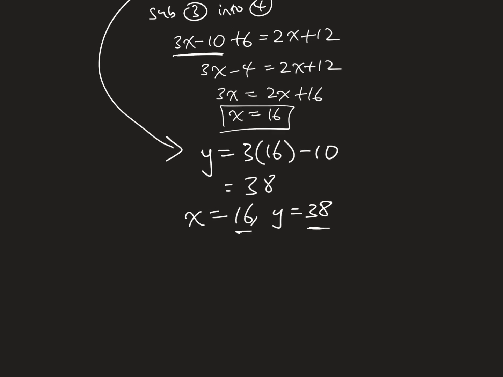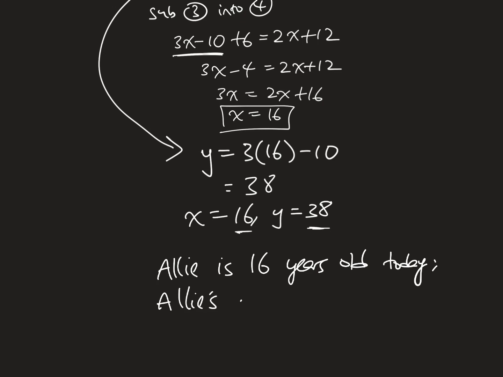So we conclude by saying Ellie is 16 years old today. Ellie's mom is 38 years old today. There we go.